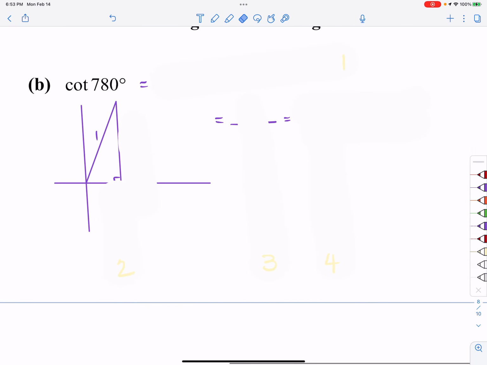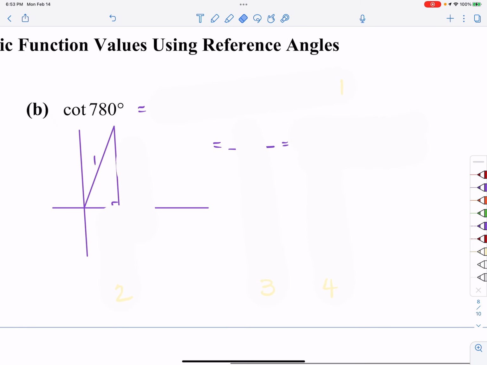For part B, the cotangent of 780. So the first thing I want to do, 780 is not something that I'm familiar with, so I want to get a coterminal angle. And so I'll just simply subtract a couple of whole circles, subtract 360 a couple of times, and you'll get 60 degrees as your coterminal angle. So I take my 60-degree angle and I put it on my picture.